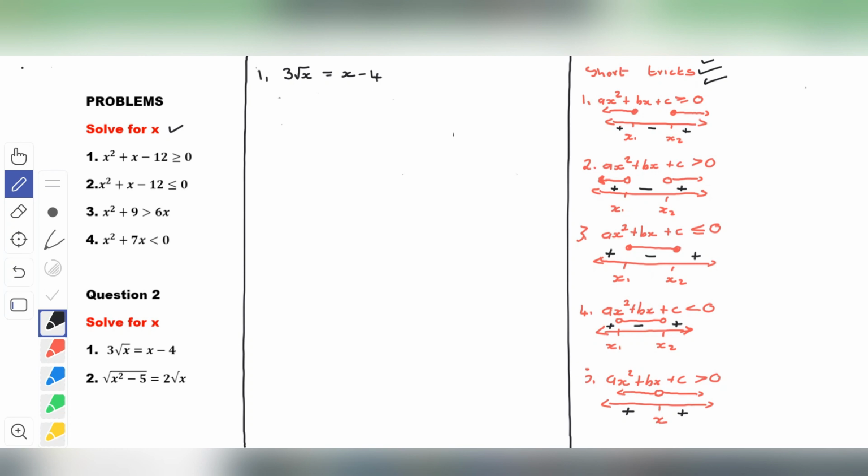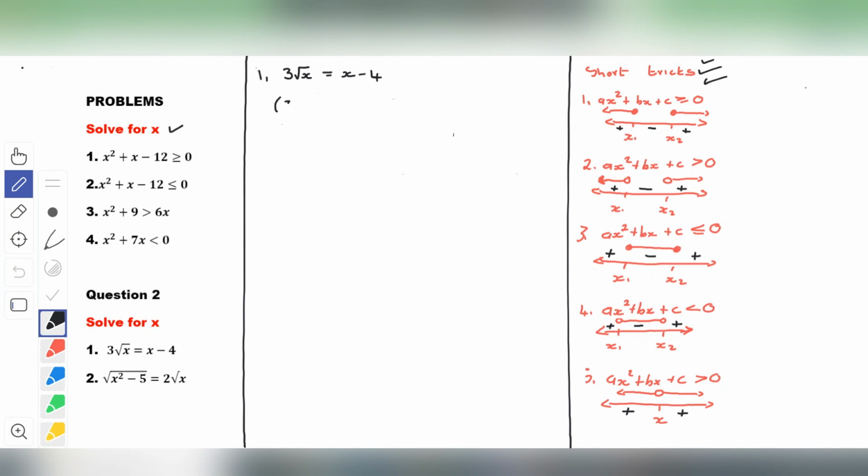After rearranging, because we have a square root of x and we can see that this is the problem, we're going to square everything so that we can remove the square root. Remember I said whenever we remove a square root, we square both sides. Whenever we remove a cube root, we use the exponent of 3 on both sides, right?